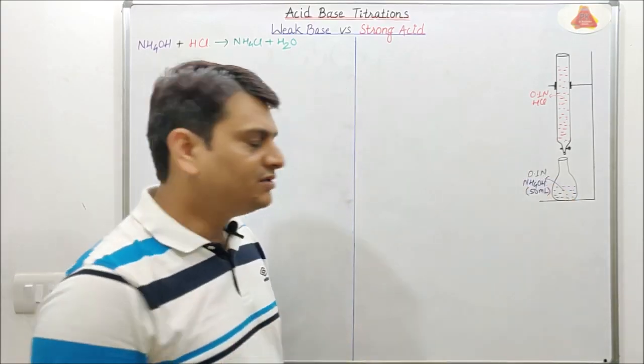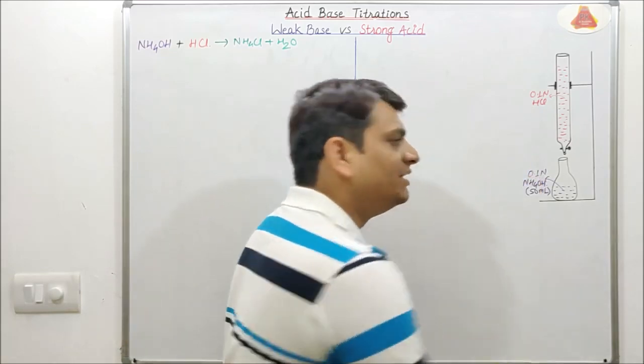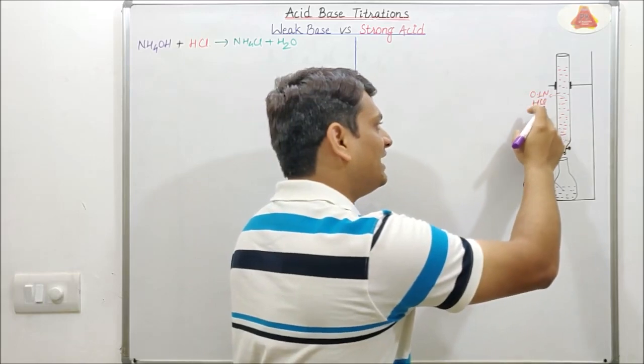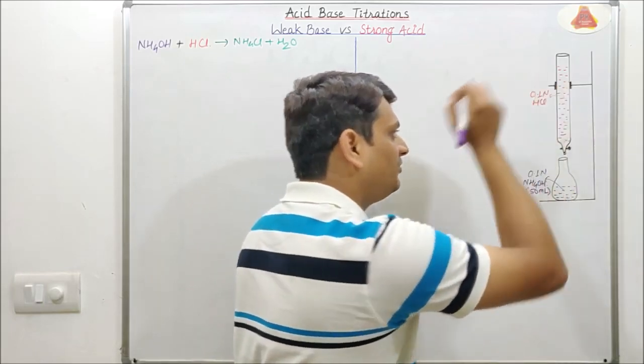So here we have taken 0.1 normal NH4OH, the weak base, in the conical flask, and we have taken 0.1 normal HCl, the strong acid, in the burette.